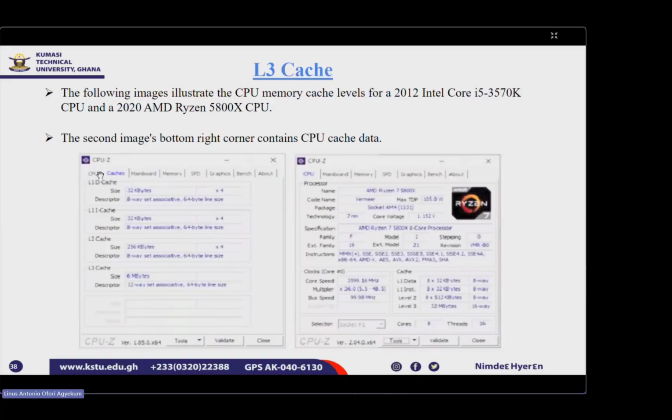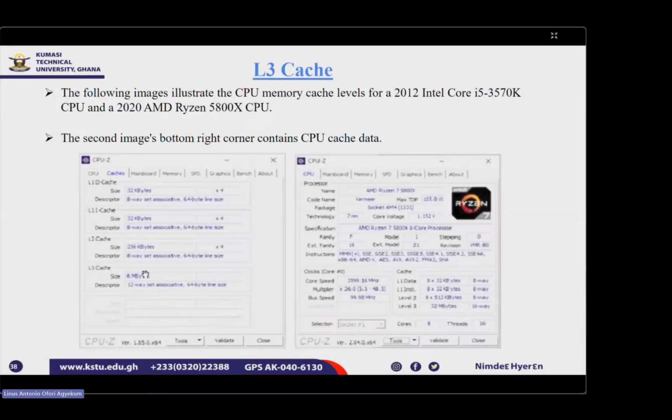For the Intel, you have the various sizes. L1D cache is 32 kilobytes. L1I cache, that is instructions, is also 32 kilobytes. L2 is 256 kilobytes, and then L3 is 6 megabytes.